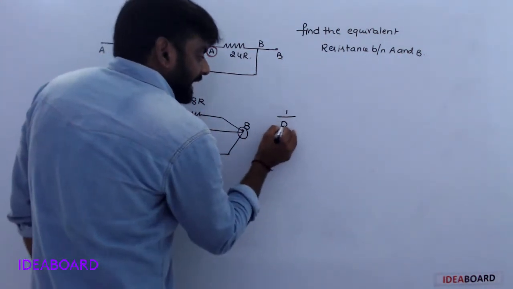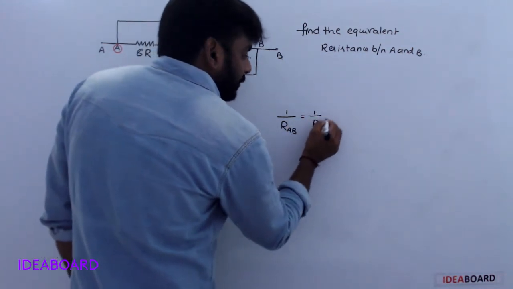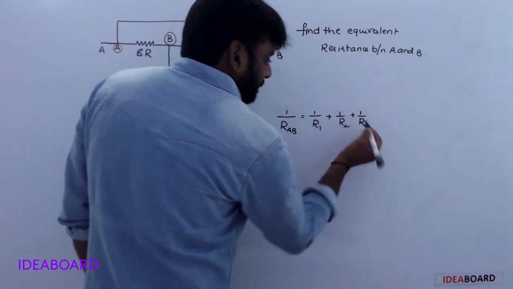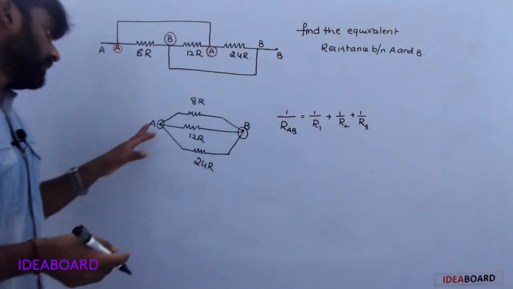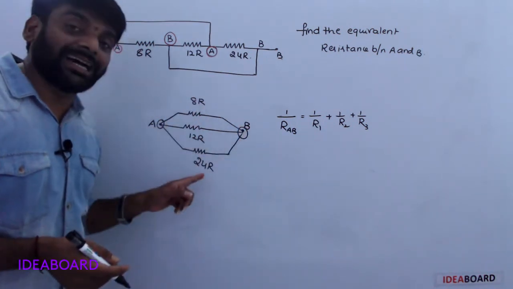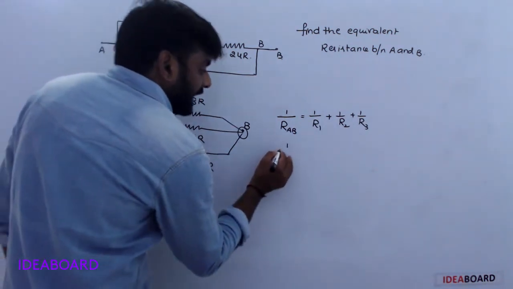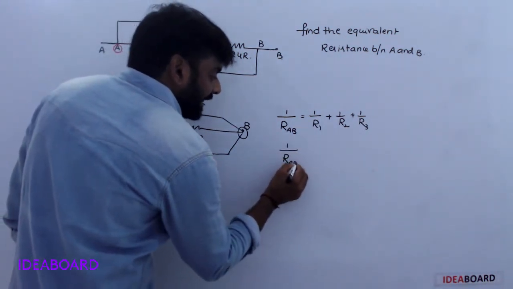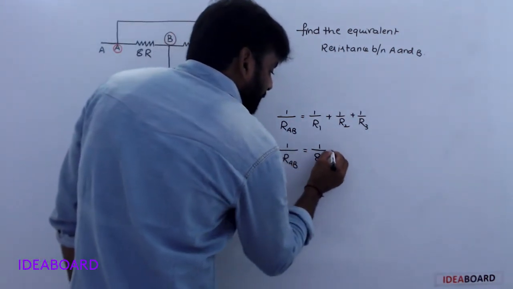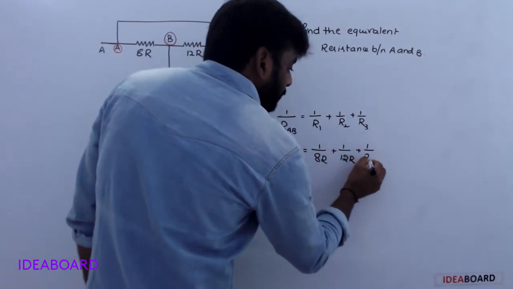The effective resistance between A and B is given by 1 by R1 plus 1 by R2 plus 1 by R3, since one side has a common point and the other side has a common point. So 1 by R suffix AB equals 1 by 8R plus 1 by 12R plus 1 by 24R.